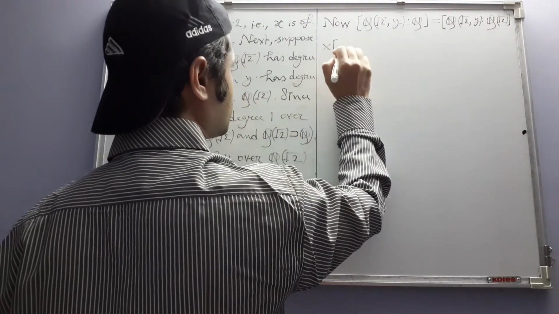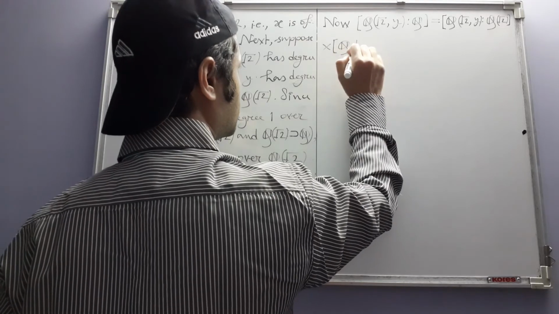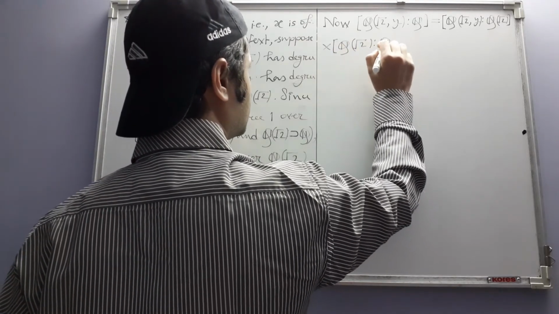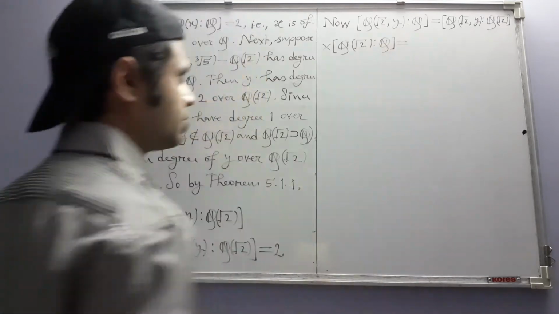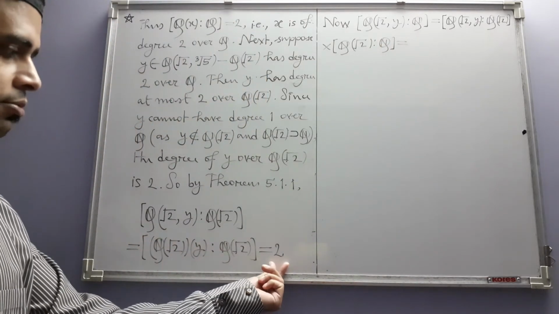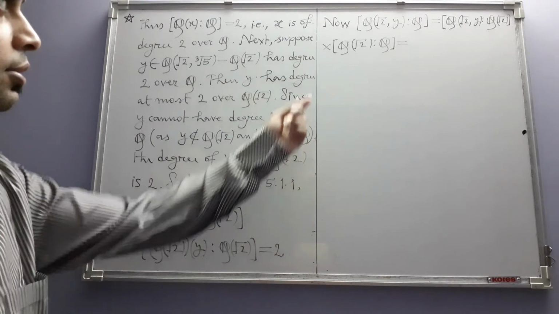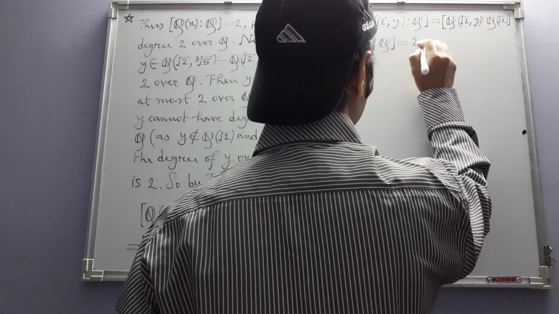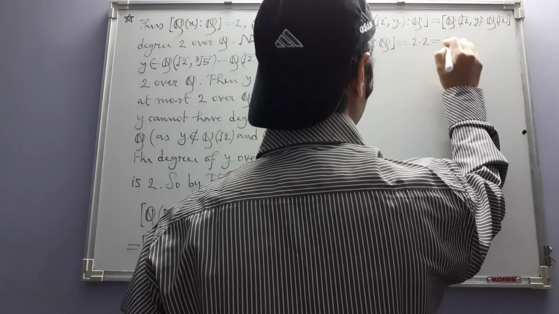Times the degree of Q root 2 over Q. This one we have found to be equal to 2, and this we already know is 2. So 2 times 2 is equal to 4.